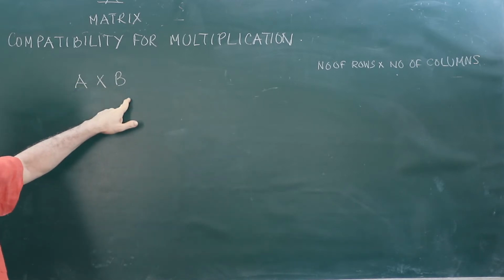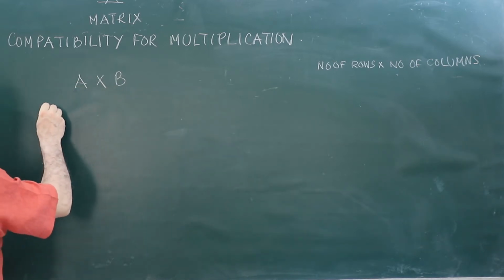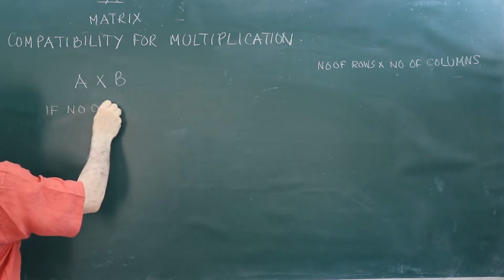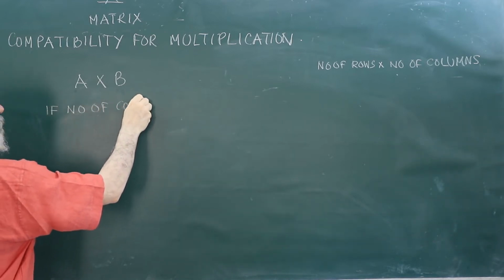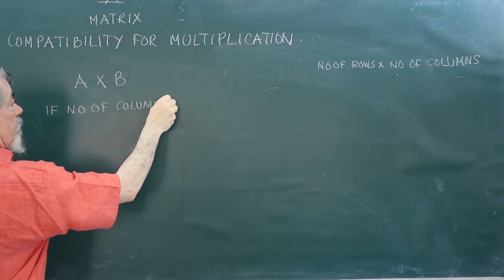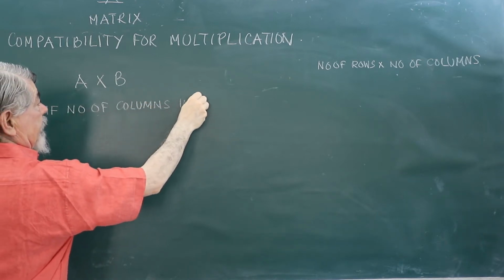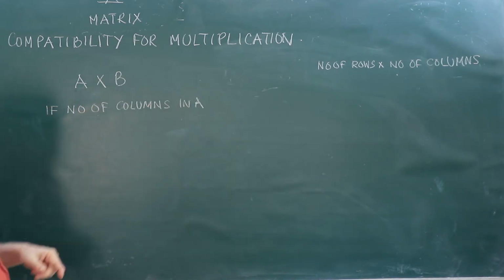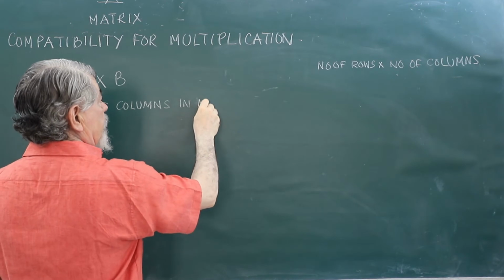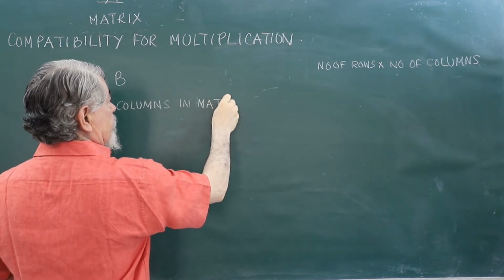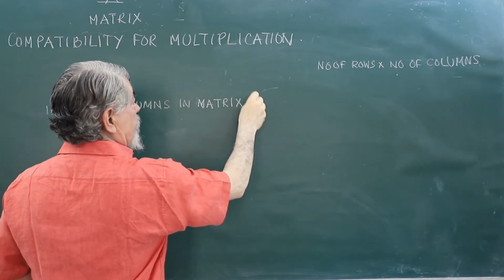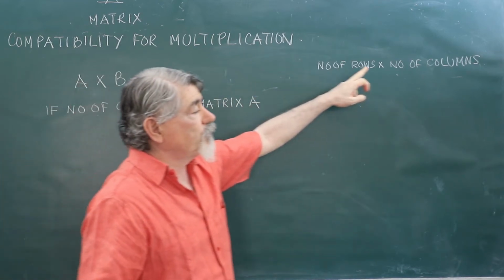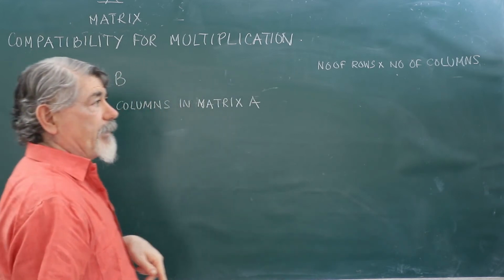If the number of columns in A, that means number of columns in matrix A, remember that, number of rows into number of columns, reverse it for remembering.